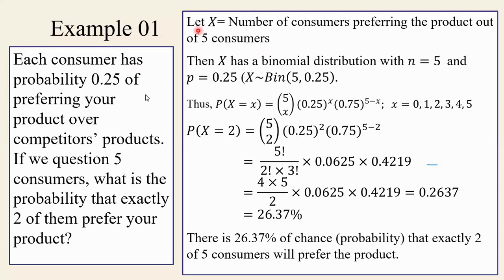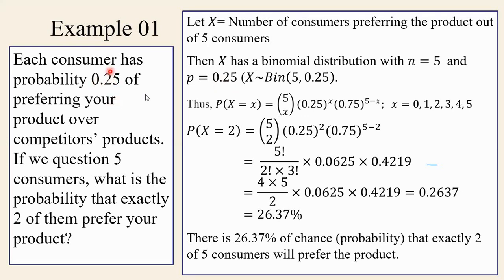So now we define the random variable X as the number of consumers preferring the product out of 5 consumers, because we have to calculate the probability that exactly 2 of them prefer your product. Then X has a binomial distribution with n equal to 5 and p equal to 0.25.